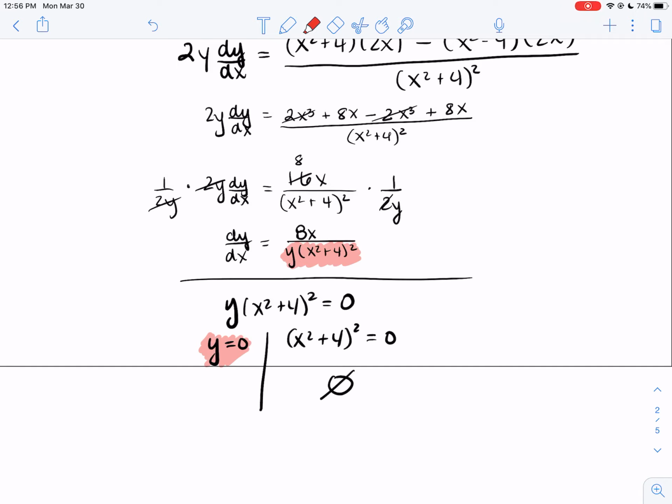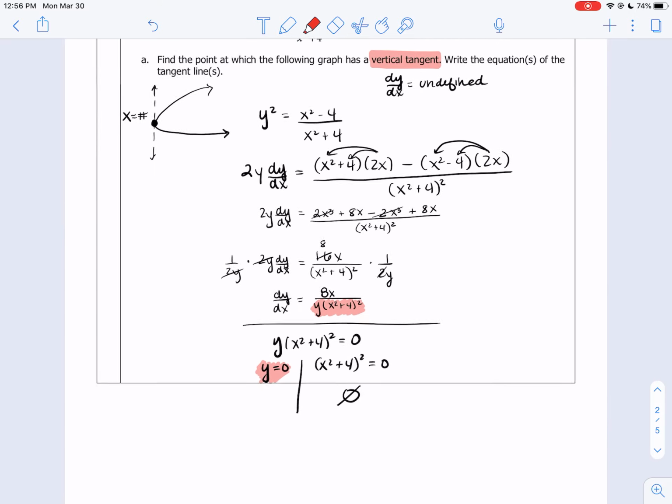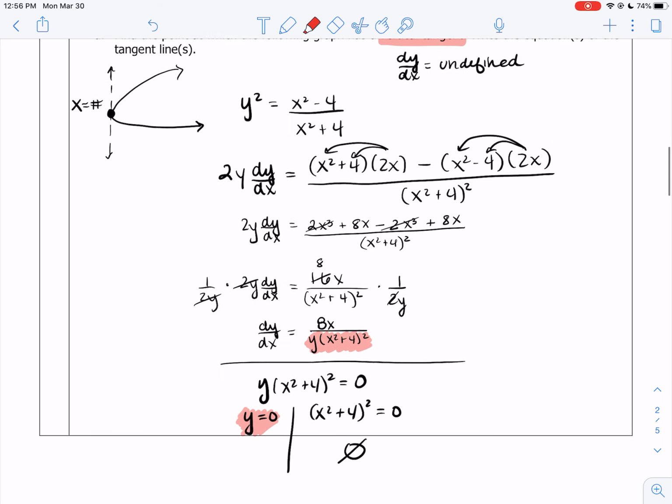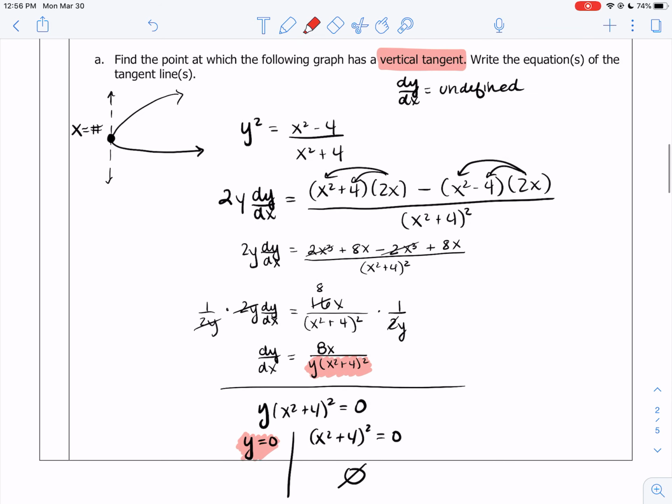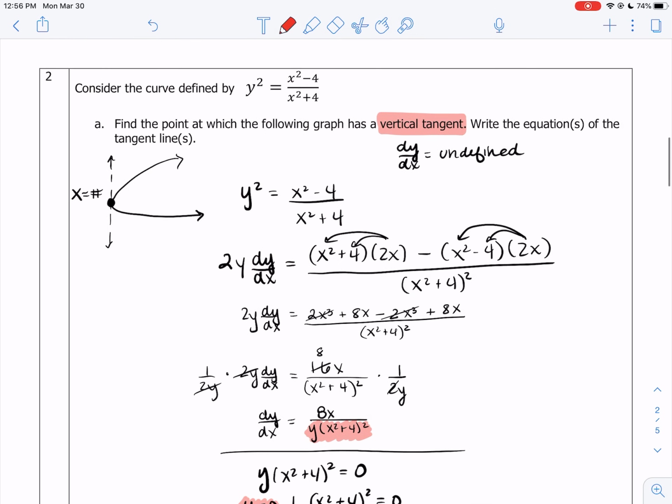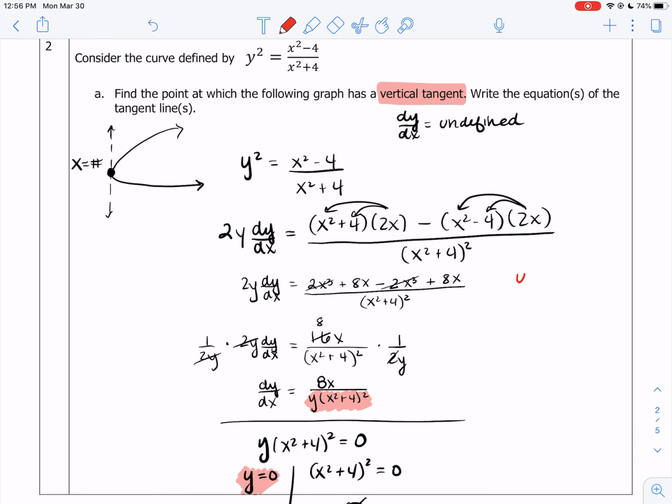So we know that our y coordinate here is going to be y equals 0. However, remember that vertical tangents come in the form of x equals some number. So we have to make sure that there even exists a point on our graph where y is equal to 0. Well, we know that the original equation was y squared equals x squared minus 4 over x squared plus 4.